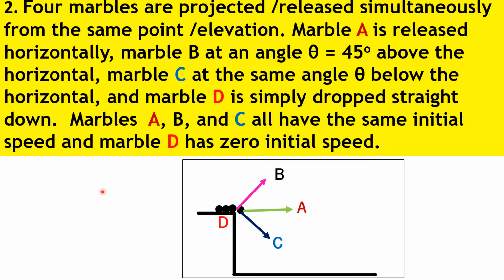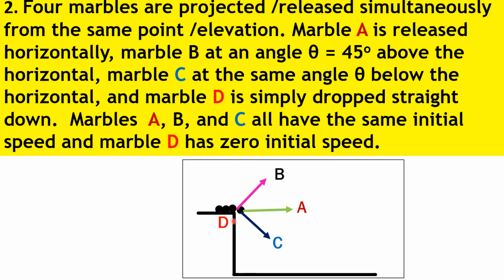Question number 2. 4 marbles are projected or released simultaneously from the same point or elevation. You have here the diagram. Marble A is released horizontally. Marble B at an angle theta equals 45 degrees above the horizontal.